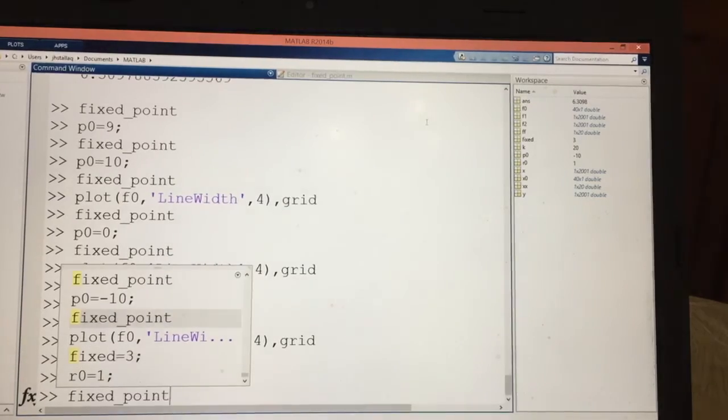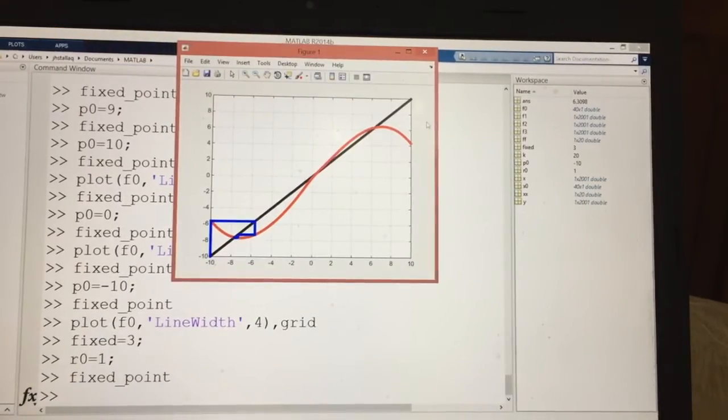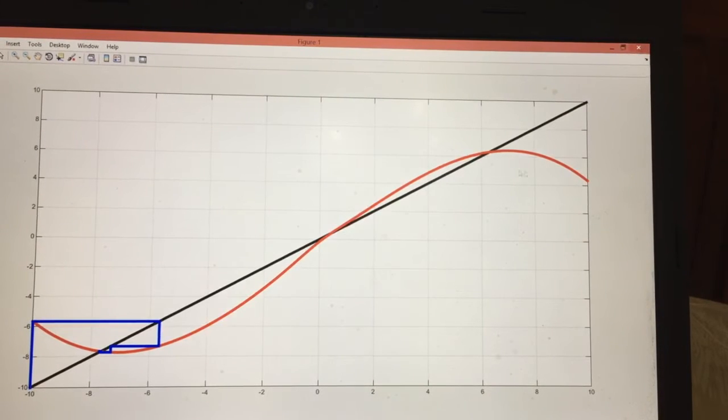Fixed point. Look at the function. This is function 3. Now the slope has been reduced; it is less than -1 in absolute value. Now this point became stable. Before it was not stable.